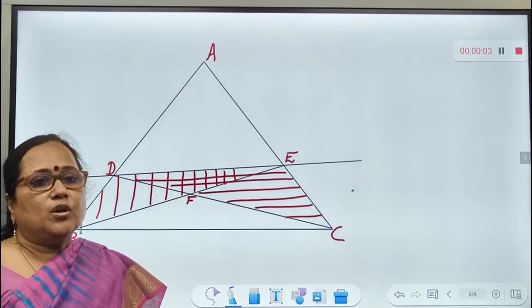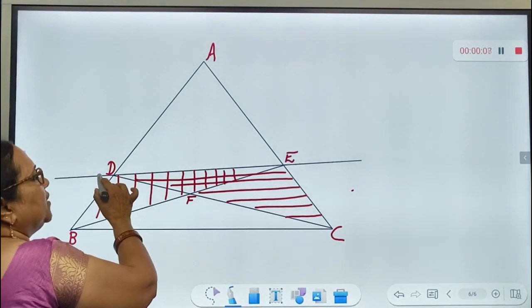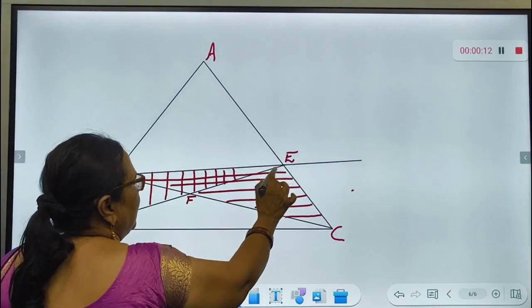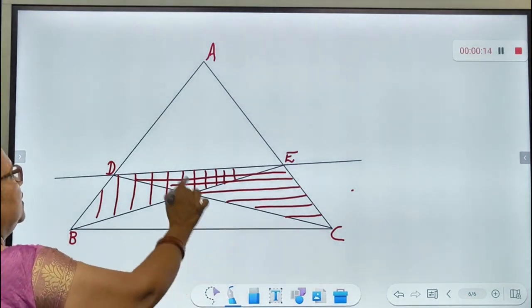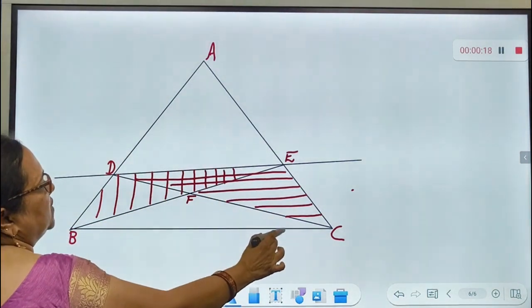Now we are going to explore the basic proportionality theorem, which states that in a triangle ABC, if I draw a line DE parallel to BC, then AD by DB is equal to AE by EC.